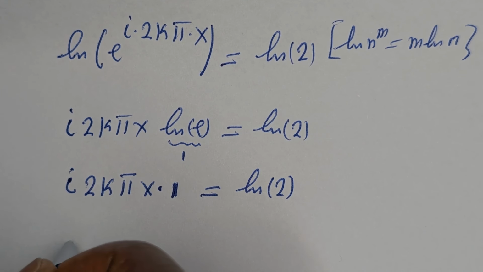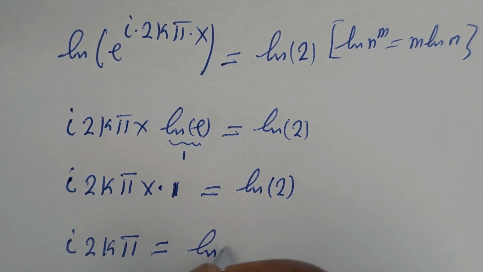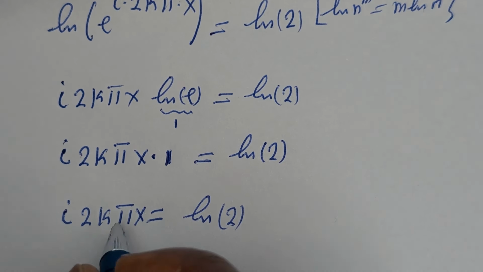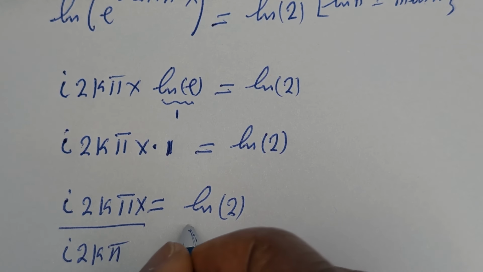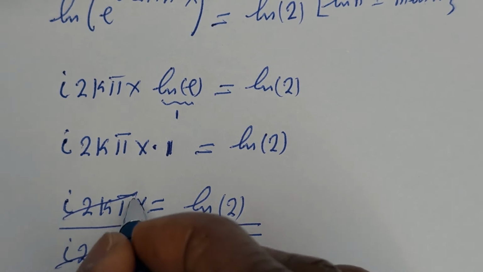Then this is i 2k pi s is equal to ln of 2. But we are looking for the value of s. There is s here. So let's divide both sides by i 2k pi. This cancels this.